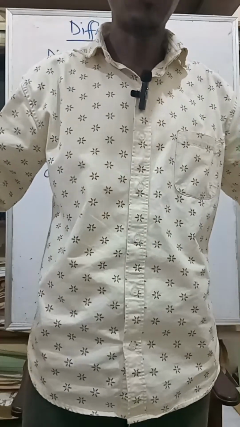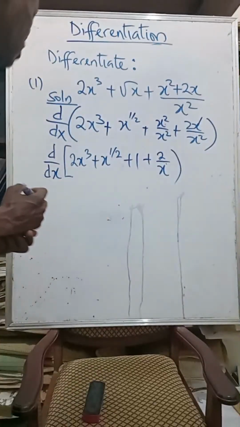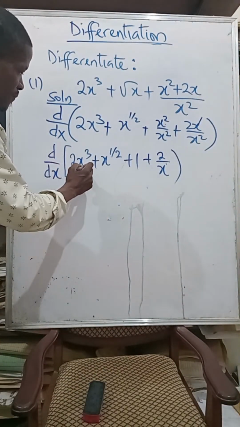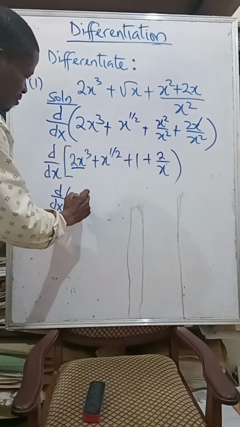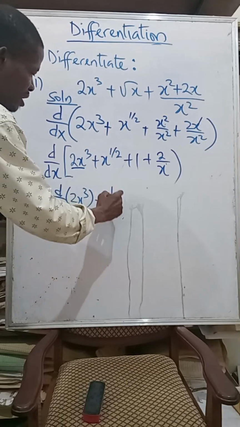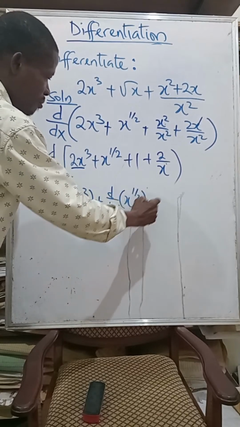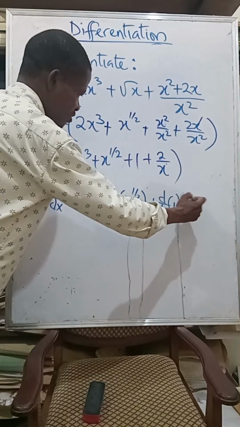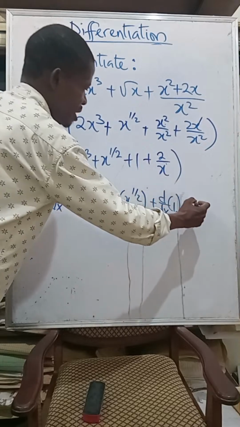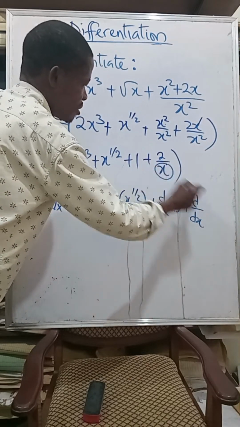That will be d/dx of this, plus d/dx of this, plus d/dx of this, plus d/dx of this one. We can break this one up.